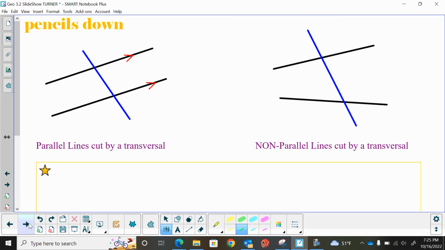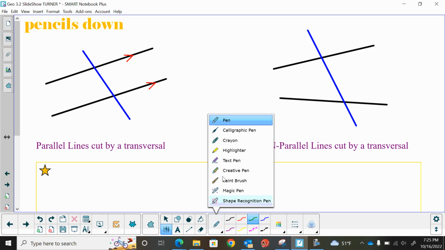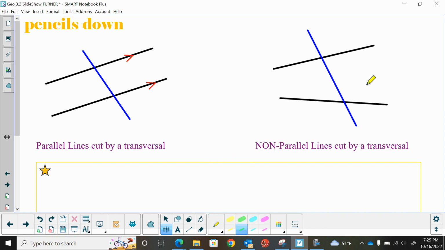So let's just stop for a second and talk about that. Put your pencils down. I just want you to look up here and think about that for a second. In the last lesson, when we talked about transversals to begin with, we were looking at a lot of diagrams that looked like this one to the right, where you had two lines that were not necessarily parallel, and then they're cut by a transversal.